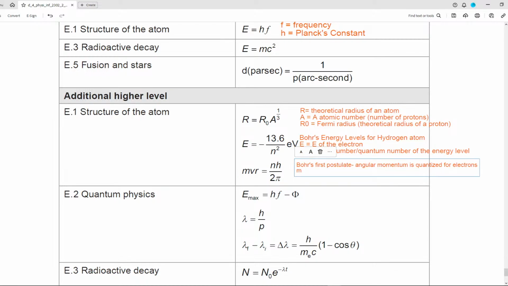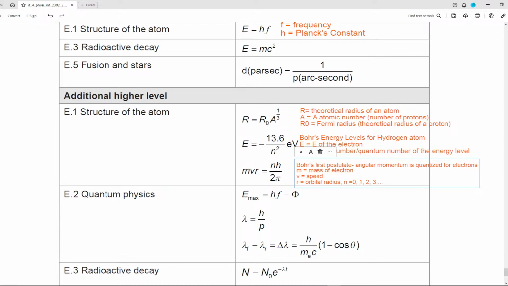Here, m is the mass of the electron. v is its speed, its tangential speed as it orbits, and r is the orbital radius. n and h you already know. n is 1, 2, 3, 4, and so on, corresponding to the orbitals.